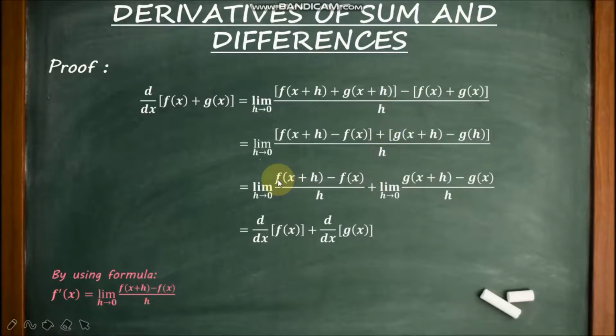We separate it, then we get the limit as h approaches 0 of f(x plus h) minus f(x) divided by h, plus the limit as h approaches 0 of g(x plus h) minus g(x) divided by h.